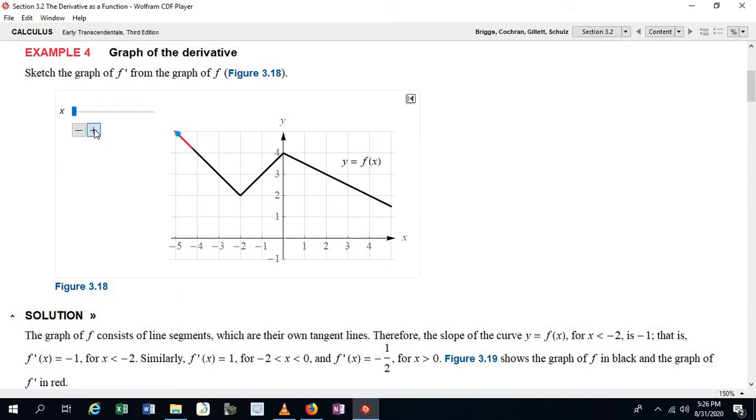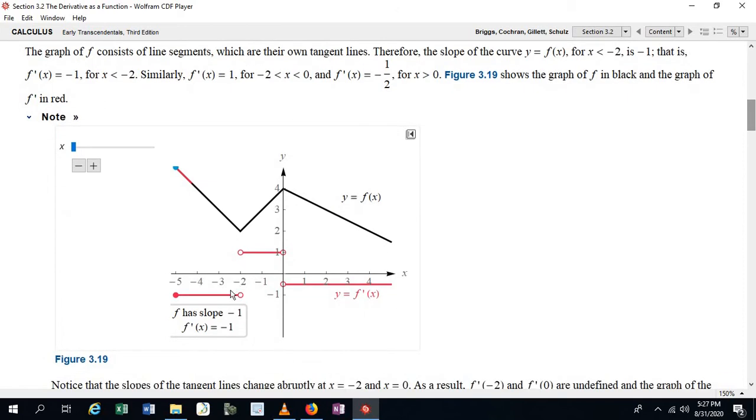But that's true at every single point below -2. Notice at -3, f prime of -3 is also -1 because the slope of this tangent line is still -1. And so that's true for every x value below -2. If you were to graph that, you would get a horizontal line at -1 for all the x values in here.